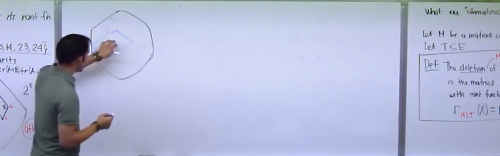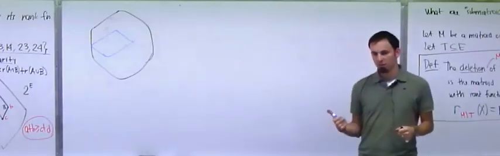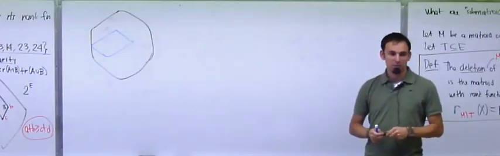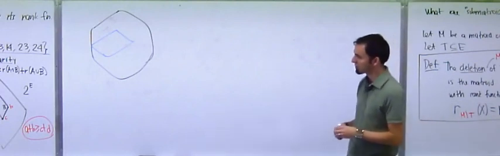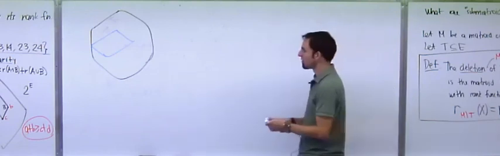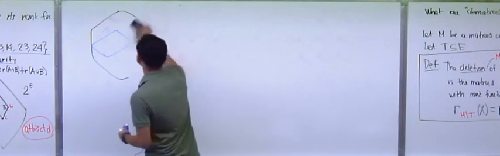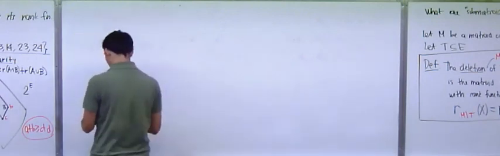And what I'm claiming is that this blue matroid I can obtain as first deleting some stuff and then contracting some stuff. You see how to do that? Well, what I'm going to do is delete 3 and contract 1.